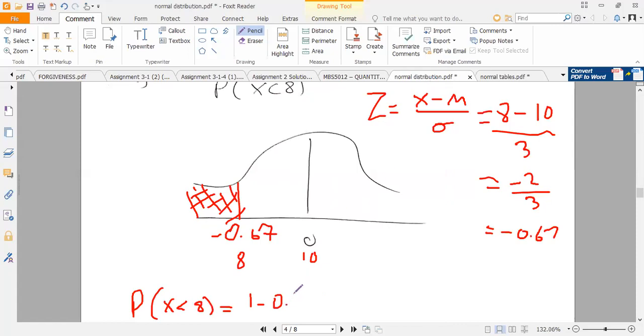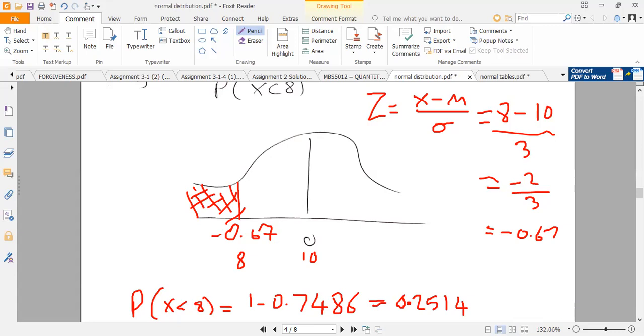What are you getting? 0.2514. Okay. So that is the probability.